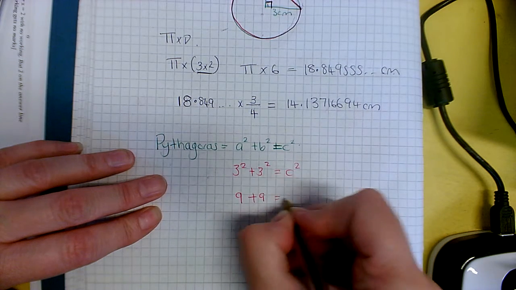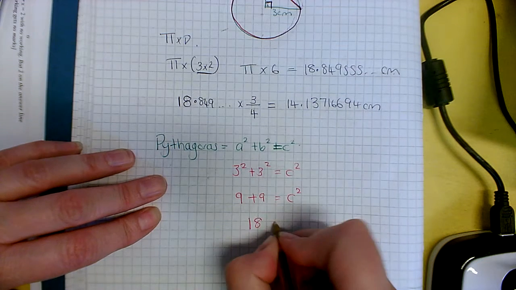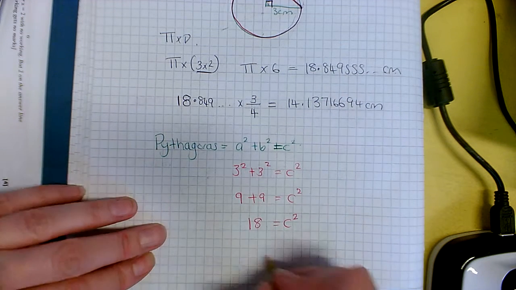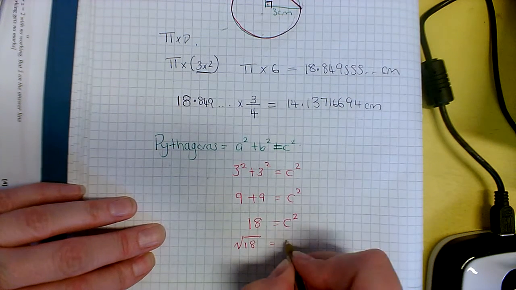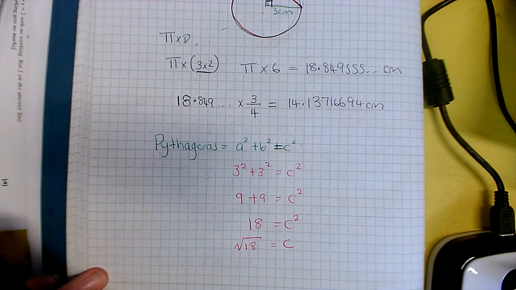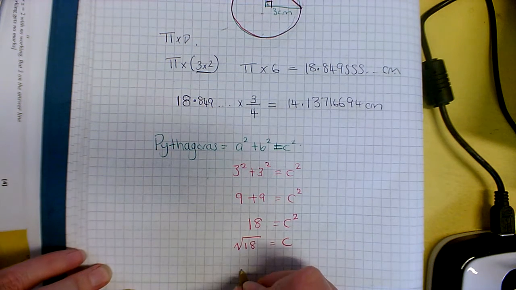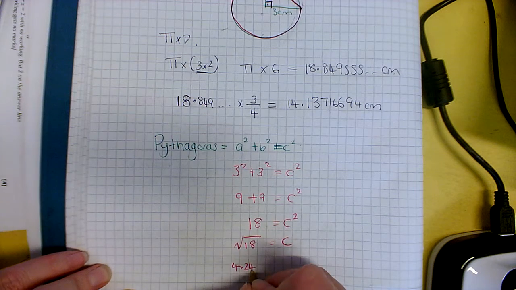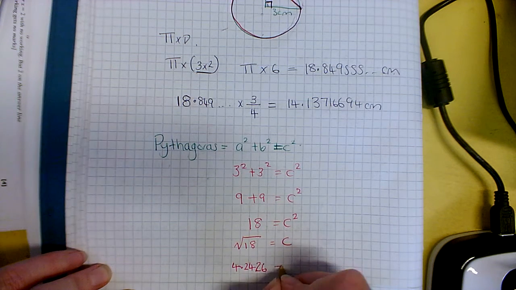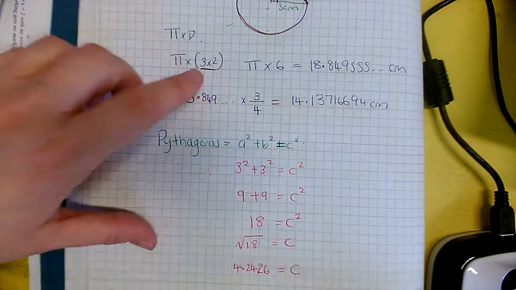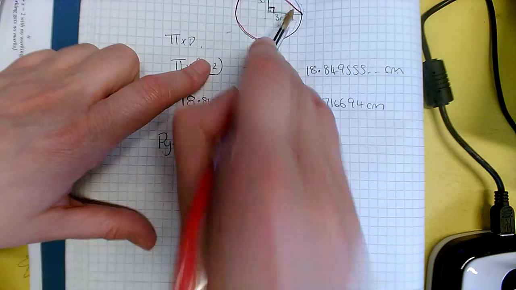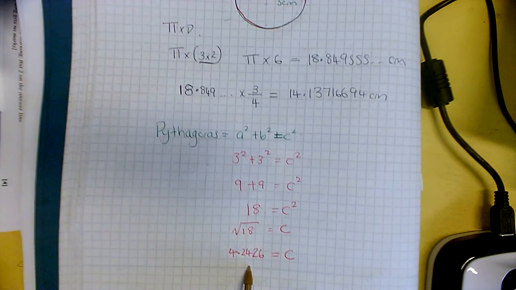So I've got 9 plus 9 equals c squared. So I've got 18 equals c squared. So the square root of 18 is going to equal c. So if I do square root 18 on my calculator, I've got 4.2426 equals c.